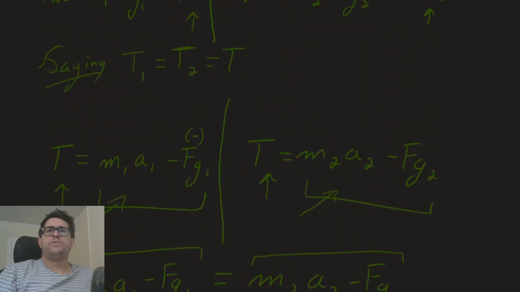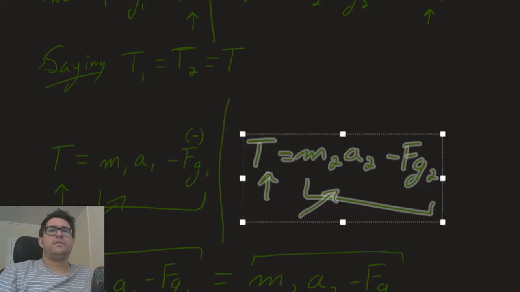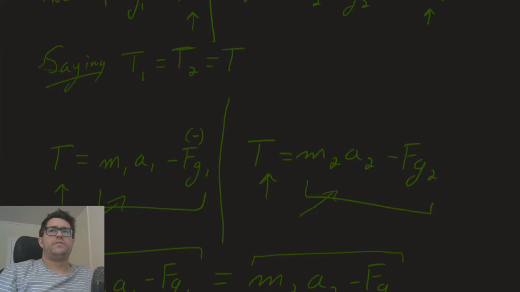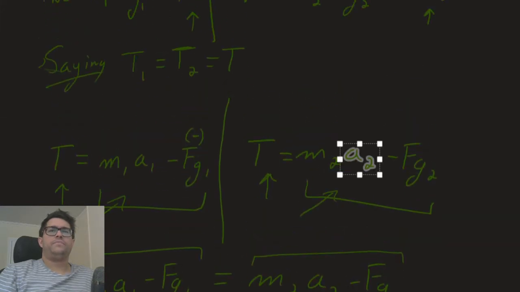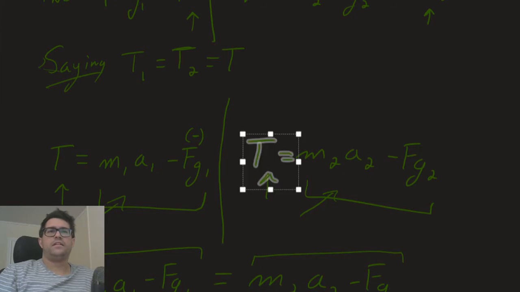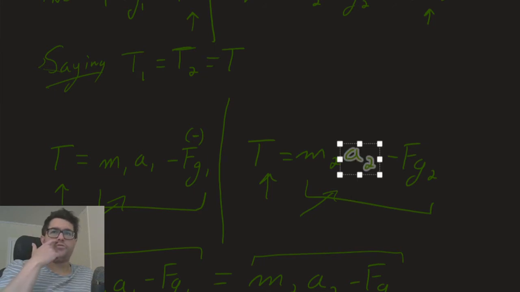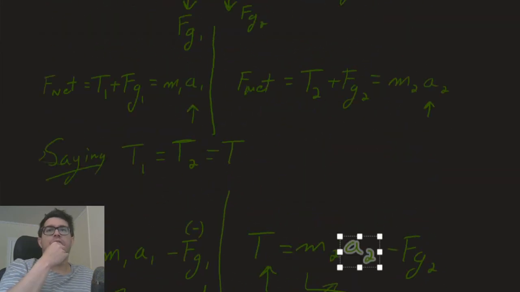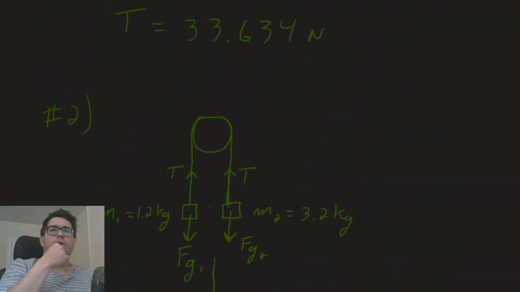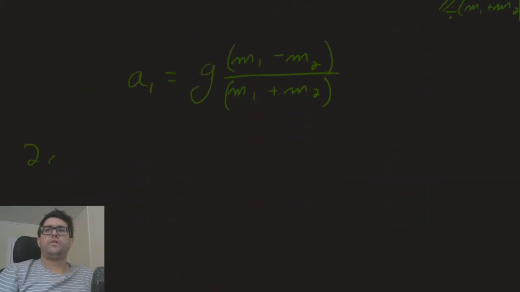Because we simply substituted these things for T. So by finding T, we could find A. But as you can see, you can't find the acceleration if you haven't found T. And in this problem, they ask you to find A first and then T. And is there any other way to do it without doing this formula or T? I don't think so. So we're going to use this formula for A.